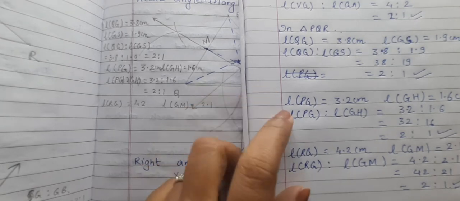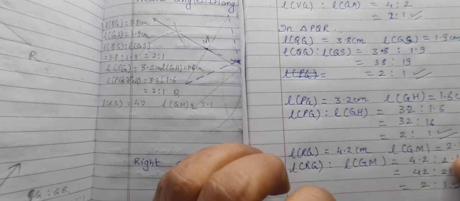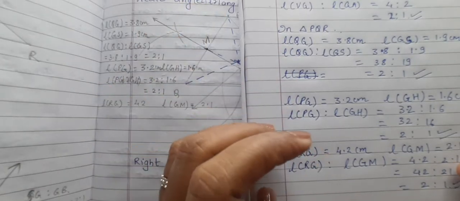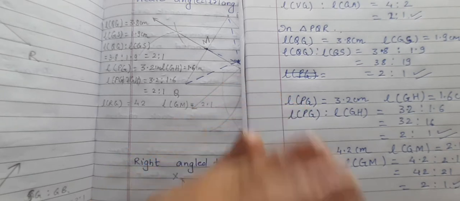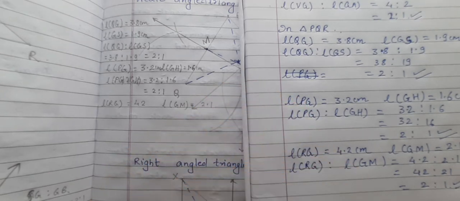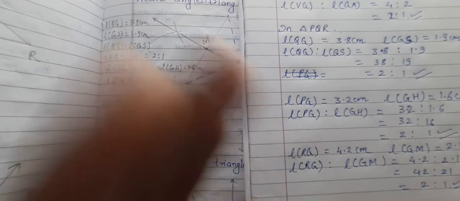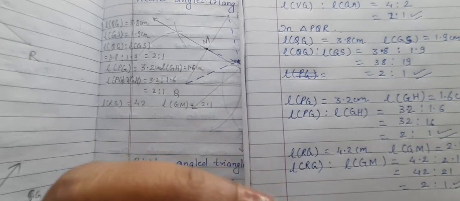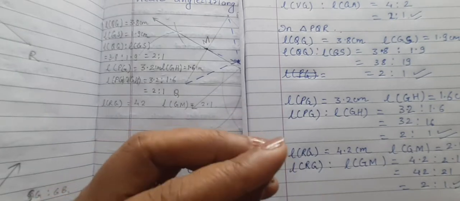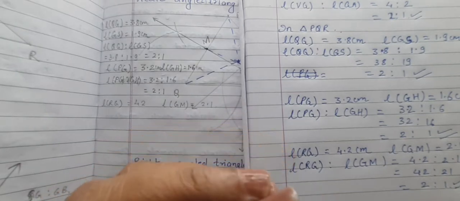Now from this, what do we conclude? The conclusion is, what is a median first of all? A median is the line joining the midpoint of a side to the opposite vertex. For drawing the median, we need a perpendicular bisector.